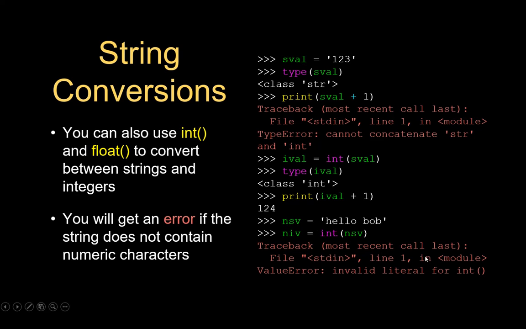But when we try to do the same as before and change this hello bar to an integer, we get a traceback saying that this value cannot be converted to an integer. So again, int, float and type are predefined functions to change the type of the variables that we have in Python.